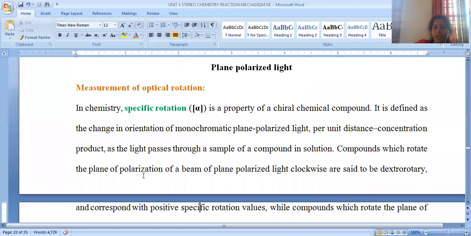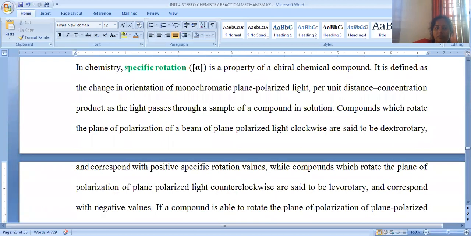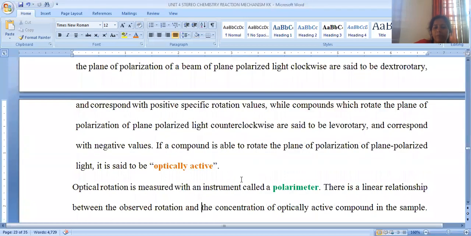We have a formula for the determination of the specific rotation value. I will show the formula. If plane polarized light is rotated, then only the compound is said to be optically active. Optical rotation or specific rotation is measured by an instrument called a polarimeter.